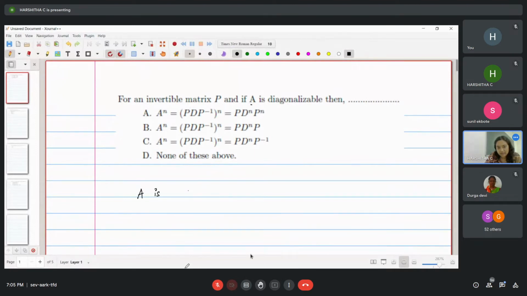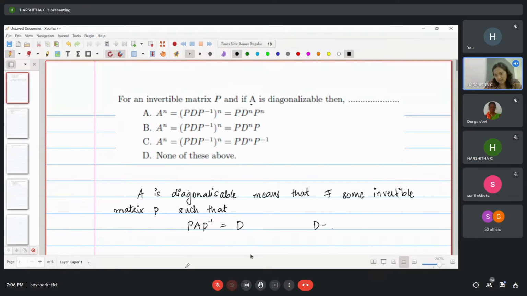By the definition, it means there is some invertible matrix P such that P A P inverse is a diagonal matrix D. Although it's not mentioned in the question, that's what D means.